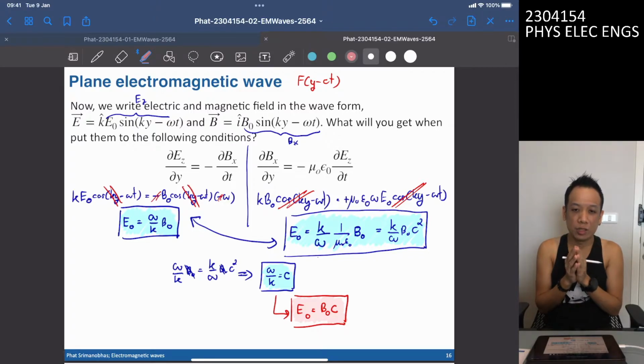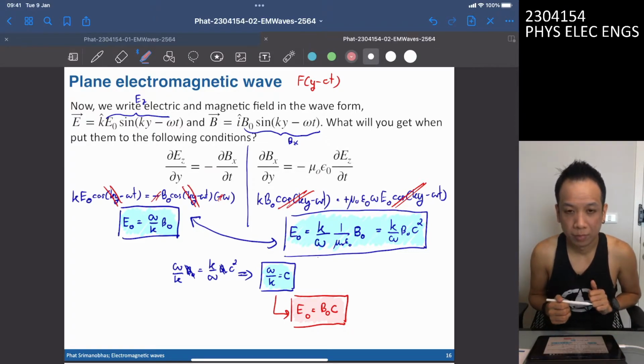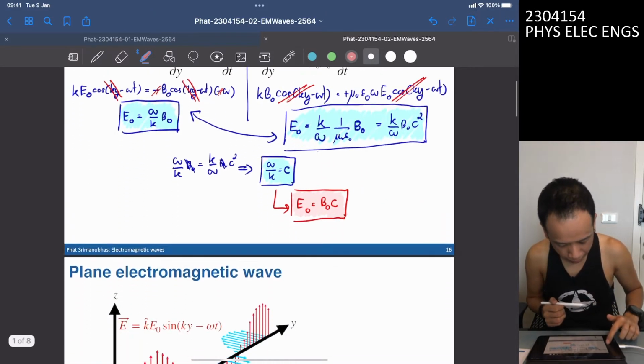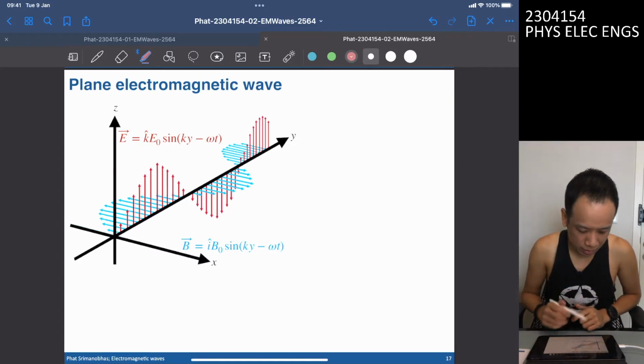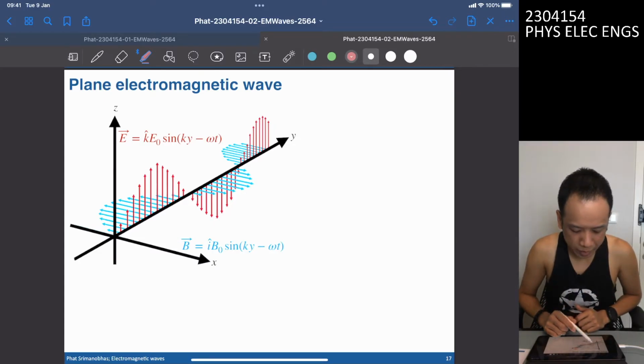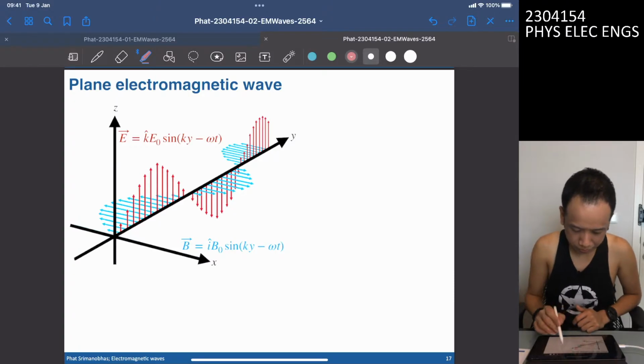The difference is just the magnitude of E and B, which is different. When psi becomes 0, it means that E becomes 0 and B also becomes 0. Get me? If you get that, you can draw this thing. So E and B propagate in the same way, just in different directions, and when it becomes 0, it's 0 in both components.